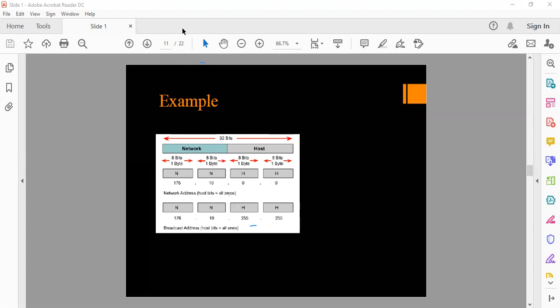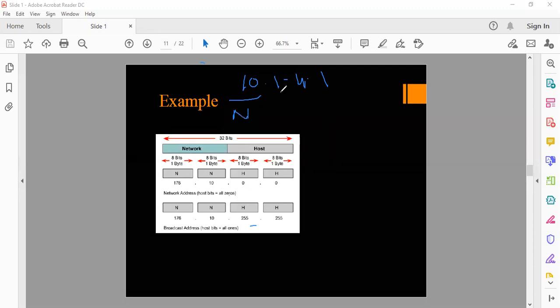I will draw it here. Suppose class A IP addressing in the form of 10.1.4.1. In class A, the first octet is the network, while the rest are host bits.